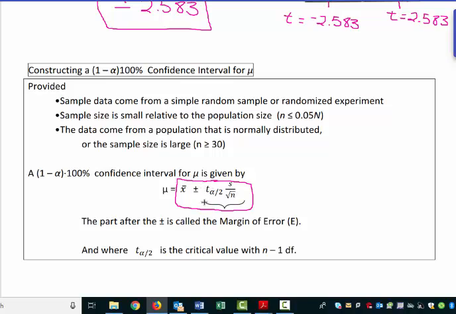Just like in the proportion formula, this part past the plus and minus is called your margin of error. So within two average points, or within 5 points, or whatever it's going to say. That is the margin of error, the plus minus part.